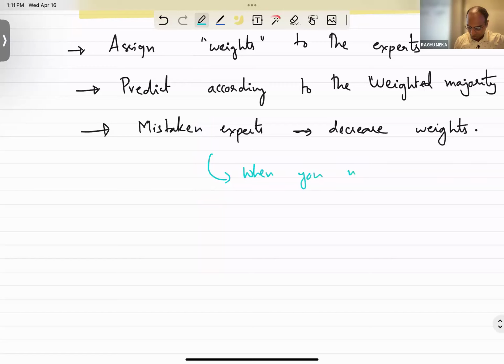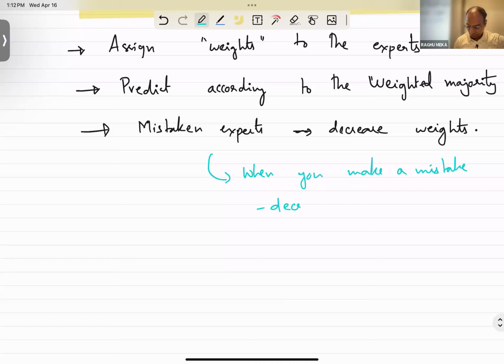so what can you try when you make a mistake? How should I update the weight? Any guesses? Again, think simple. Half it, yeah, makes sense.